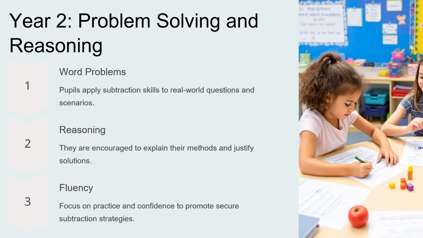And finally, we look at fluency and focus on practice and confidence to promote secure subtraction strategies. So this is where their number bonds really come into play to help them to be able to do some of the subtraction style questions in their heads when they're ready to move on from using all of the concrete resources that we start off with.